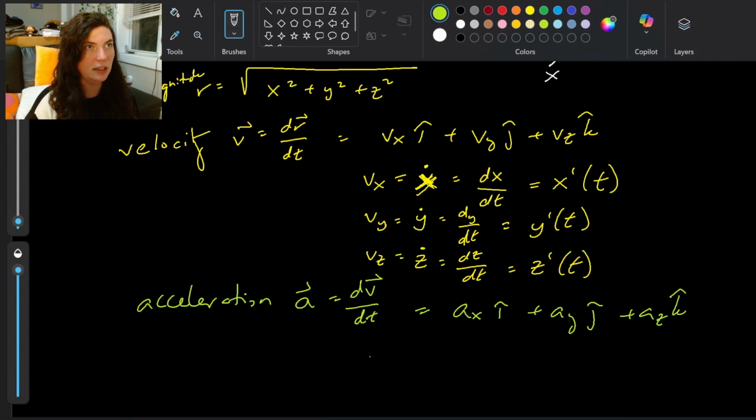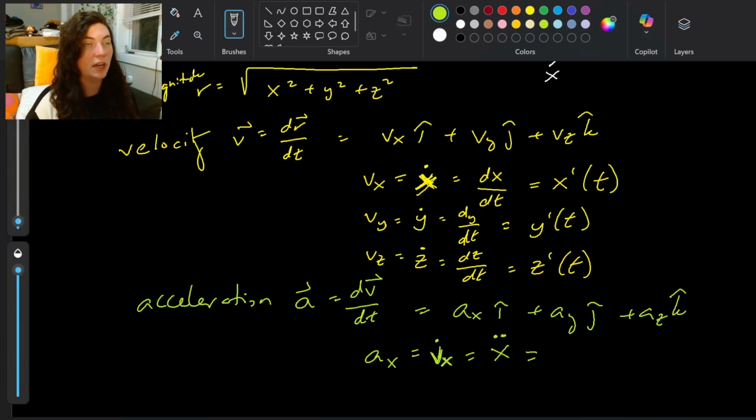We may see ax labeled as v dot x, v dot subscript x, or you may see it as x with two dots over it, representing that it's the second derivative of position with respect to time.